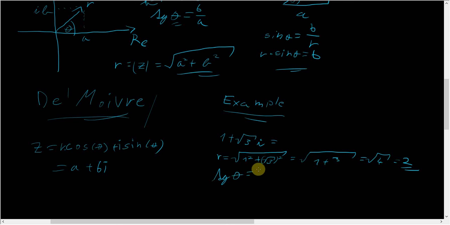So the tangent of theta is the square root of 3, so b over a, over 1. So theta equals the arc tangent of square root of 3. Now what does the arc tangent mean?